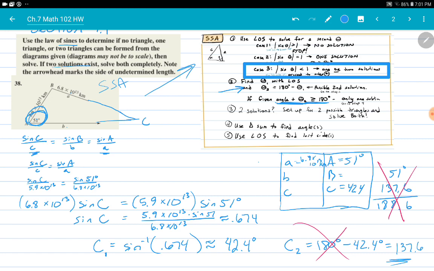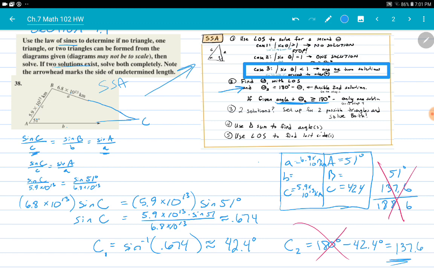I think I should have made my little box bigger. Side B is unknown, and side C is 5.9 times 10 to the 13th kilometers. Okay, so I still need to find angle B and side B.